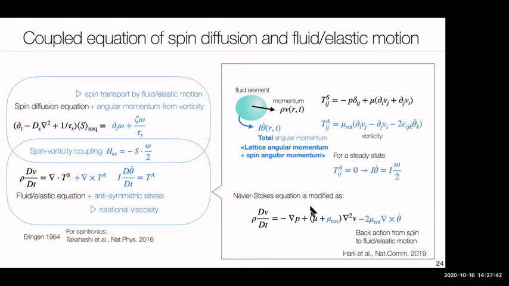Okay, so as a result of introducing the anti-symmetric part of the stress tensor, the Navier-Stokes equation is modified like this, and the elastic equation is similarly modified as this. An important point here is the usual viscosity term is enhanced due to the rotational viscosity in the presence of the spin vorticity coupling.